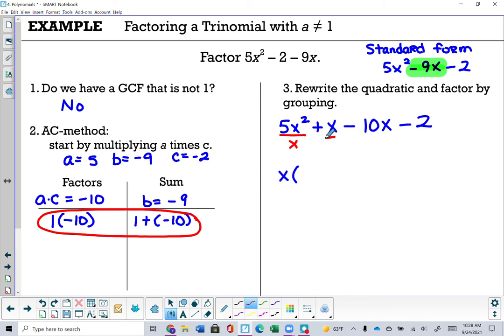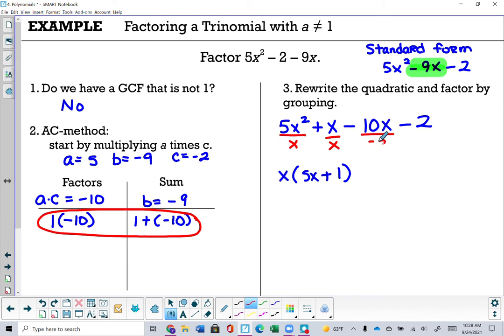So dividing each of those by x, I'm left with 5x plus x divided by x is 1, folks. It is 1. Second group, I'm leading with a minus 10x. So I'm thinking I probably should factor out a negative GCF, which looks like it's going to be 2.